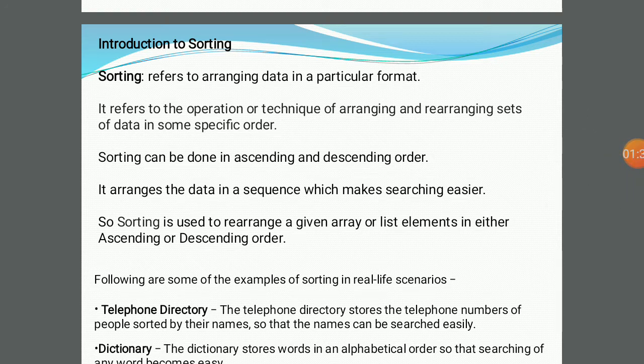So sorting is a technique of arranging and rearranging the set of unordered data in some specific order. It can be done in ascending as well as descending order, meaning from smaller to larger or from larger to smaller.